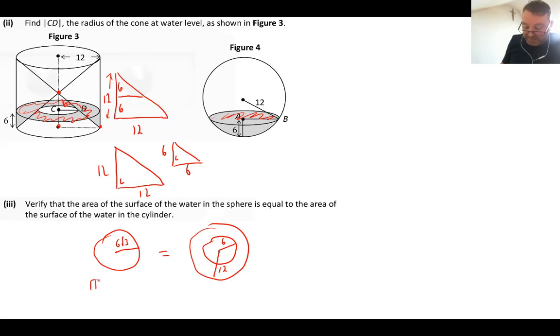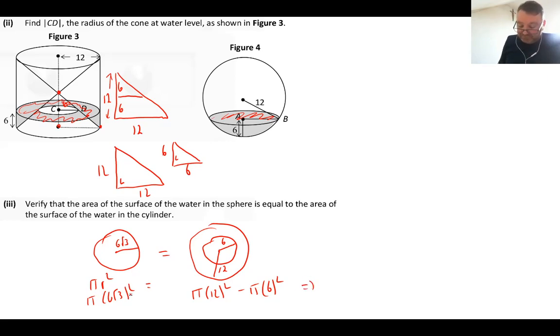Area, pi r squared equals this one here, the large circle first, pi r squared, which is 12 squared, minus pi small one, 6 squared. So I want to see that pi times 6 root 3 squared is equal to pi by 12 squared minus pi by 6 squared. Okay, let's have a look.